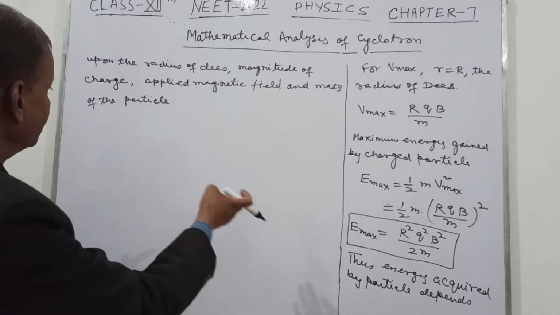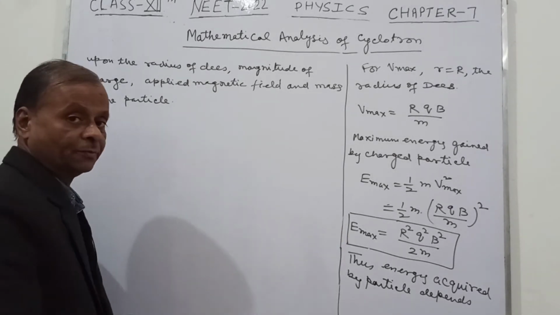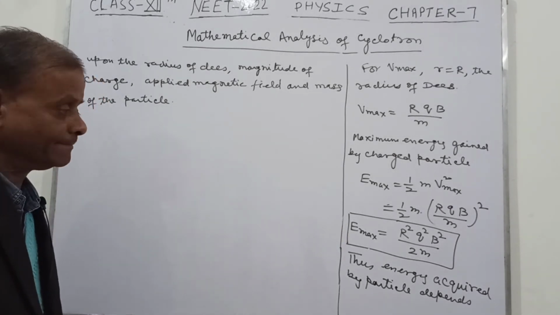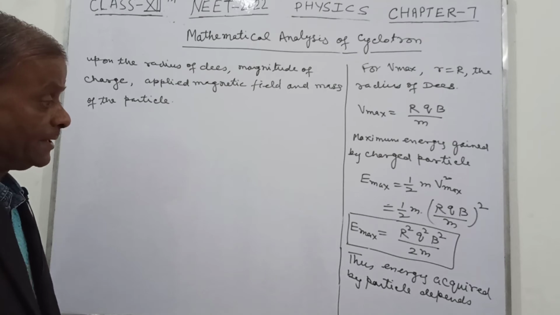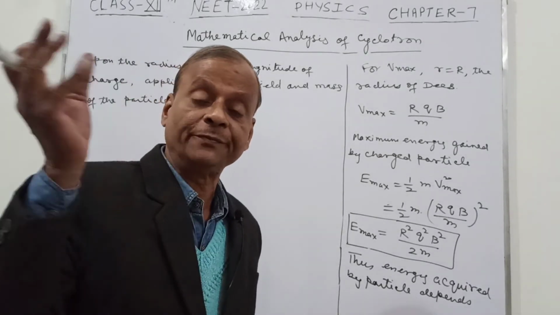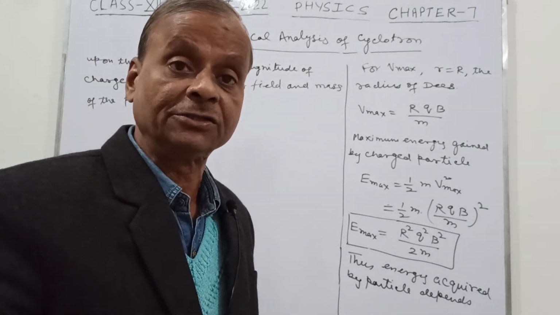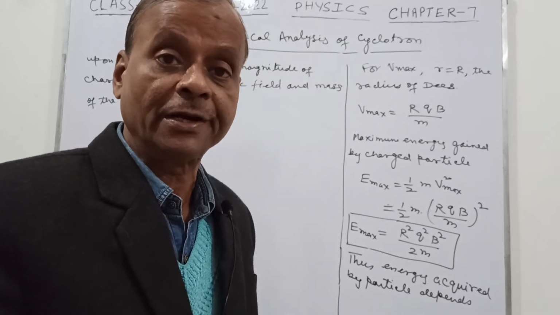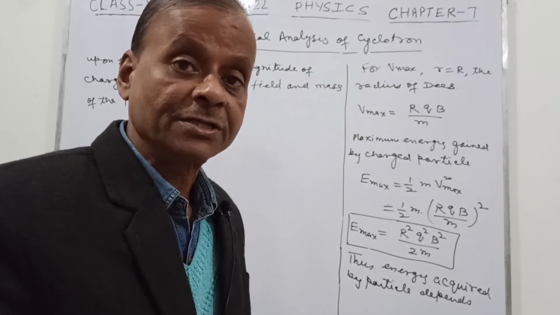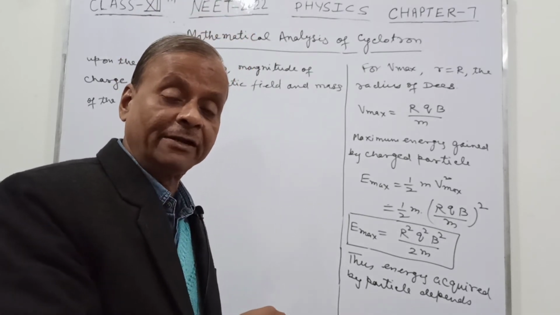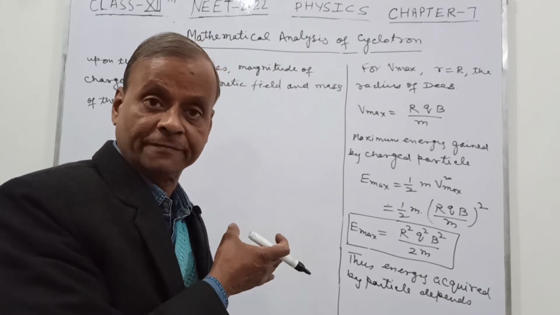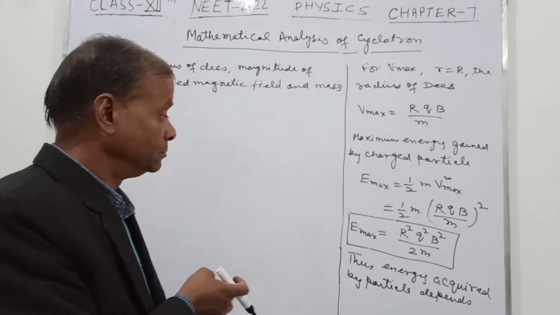So these are the factors upon which the energy of the particle depends. Now, as I told you, when the particle acquires a very high energy, the mass of the particle changes according to Einstein's theory of relativity. It means that a very light particle cannot be accelerated by means of this cyclotron.